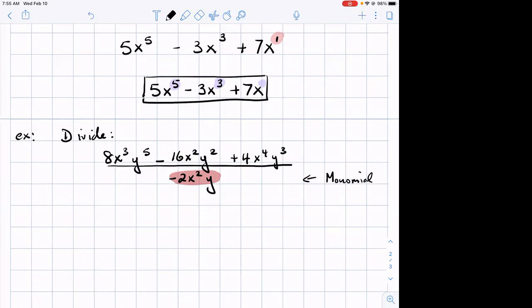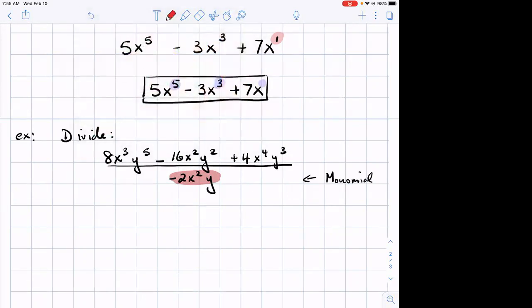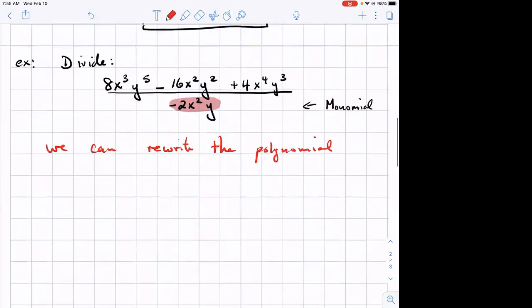Anytime the divisor is a monomial, we can rewrite the polynomial. I would strongly urge you to rewrite the polynomial; I'll show you a common mistake that occurs when we don't.